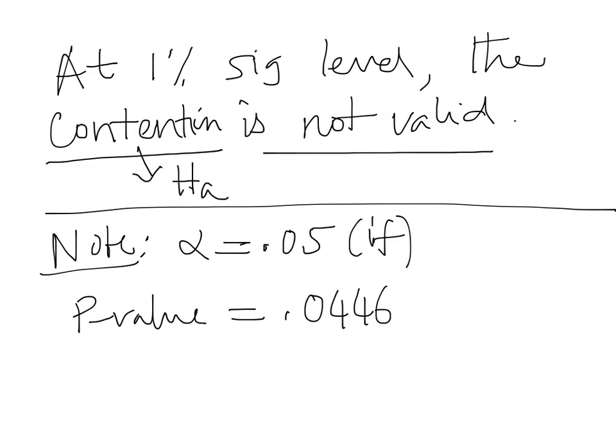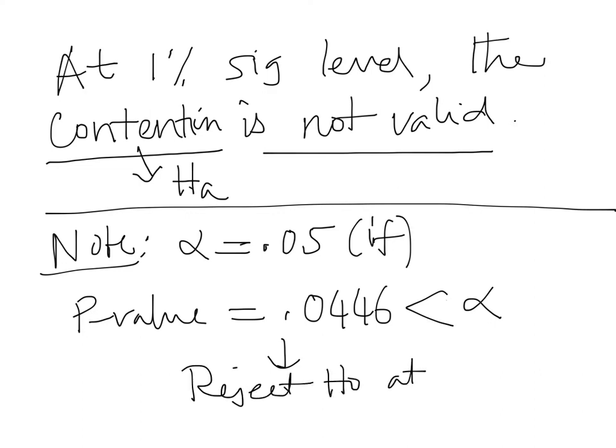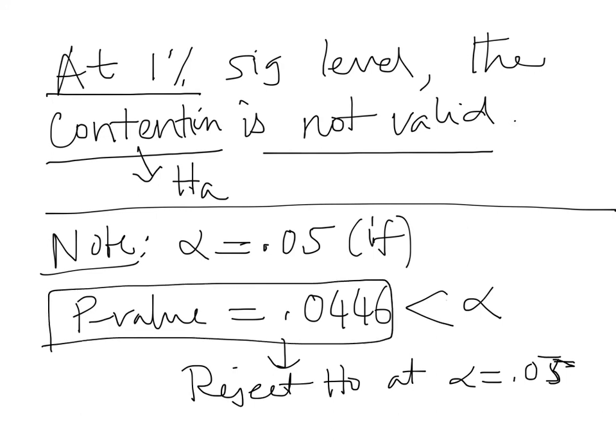But this time it is less than alpha. And therefore, you reject this time, at alpha 0.05. See, we did not reject at 1%, but we reject at 5%. Same p-value though. The p-value does not change.